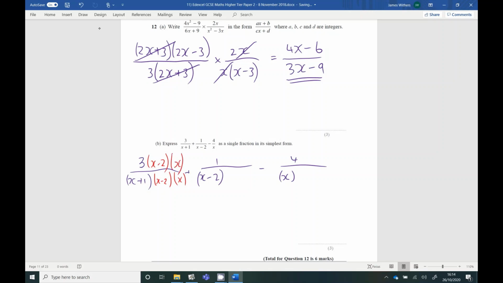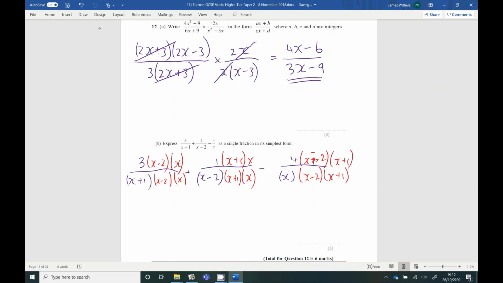My second term is going to need to have an x plus 1 and an x, and then my third term needs to have the x minus 2 and the x plus 1, and that's given me the common denominator throughout.